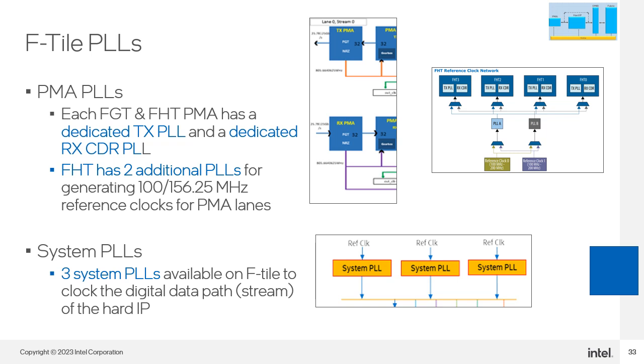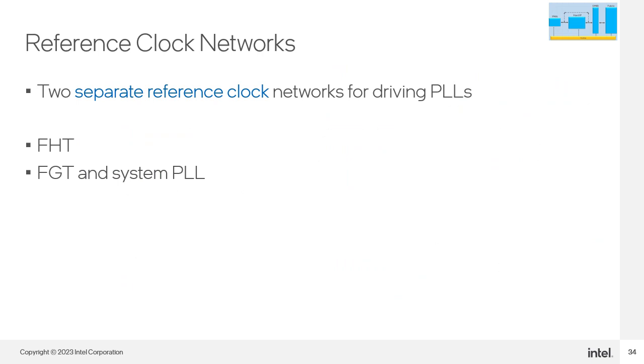All PLLs support fractional and integer modes to provide flexibility in the PLL multiplication factors needed to generate the required frequencies for the channels. To provide the clocks for the PLLs, there are 2 separate reference clock networks, one for the FHT PMAs, and another shared by the FGT PMA and the system PLLs.